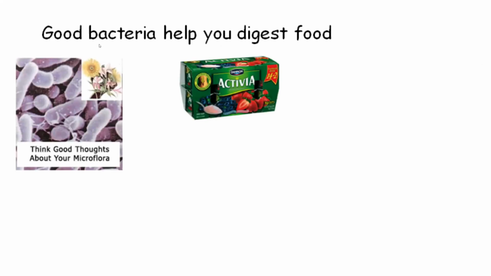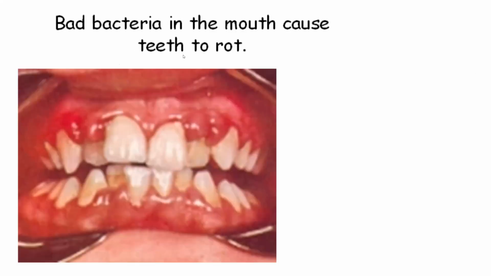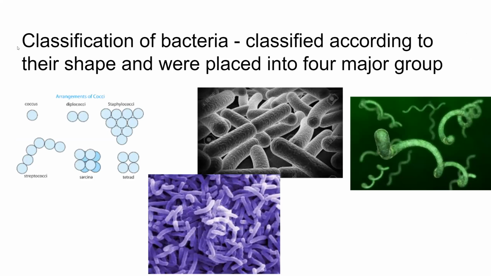Bacteria can be good, things like yogurt and probiotics, and they can break down feces in sewage works, and bad bacteria can cause mouth problems or make your teeth rot. Just a few examples there.